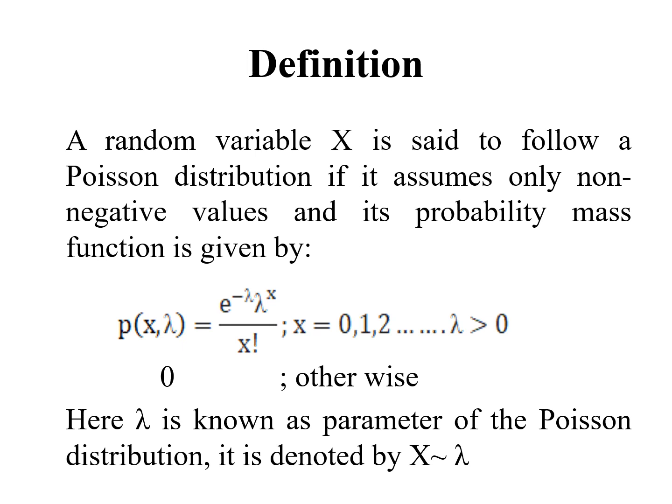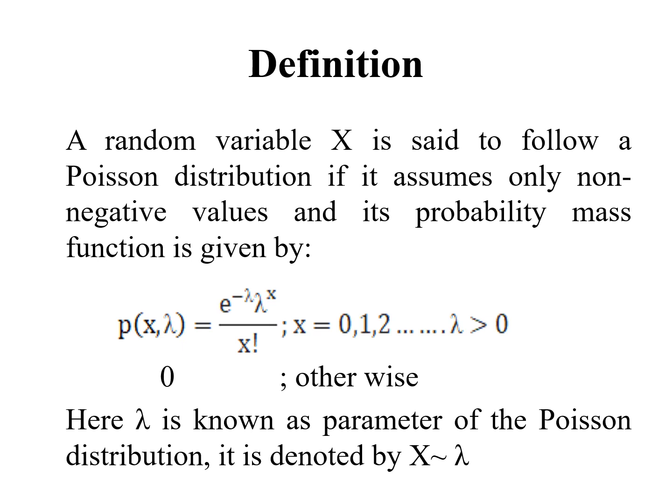A random variable x is said to follow a Poisson distribution if it assumes only non-negative values and its probability mass function is given by p(x, lambda) = e^(-lambda) lambda^x / x!, where x takes the values 0, 1, 2, etc., and lambda is greater than 0, which means there is no negative value, only positive values; 0 otherwise.